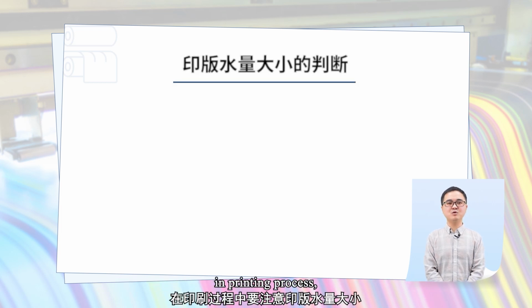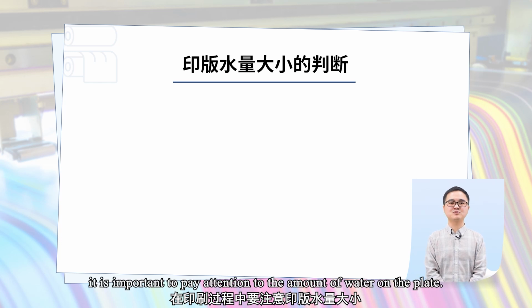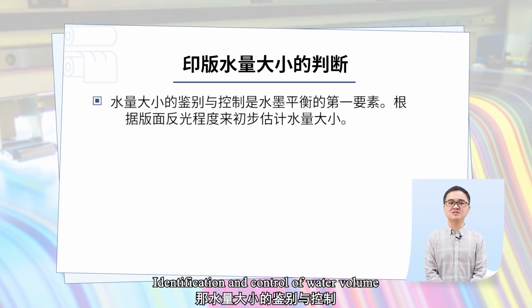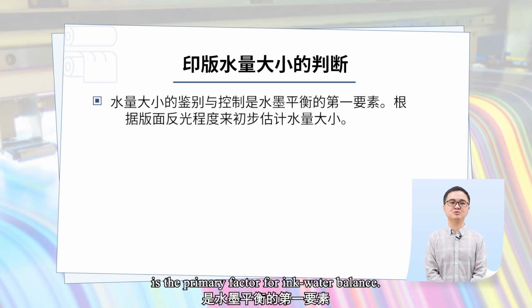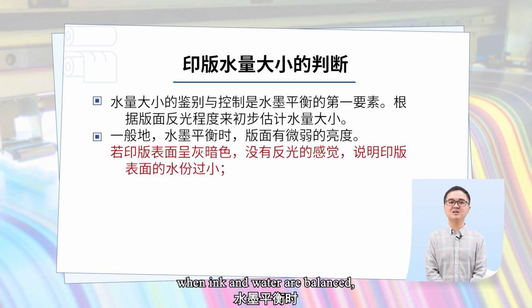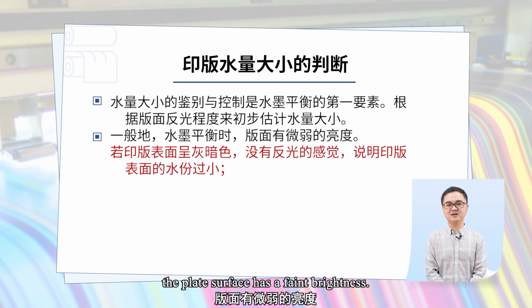Second, in the printing process, it is important to pay attention to the amount of water on the plate. Identification and control of water volume is the primary factor for ink-water balance. We need to estimate the amount of water based on the reflectivity of the printing plate. In general, when ink and water are balanced, the plate surface has a faint brightness.